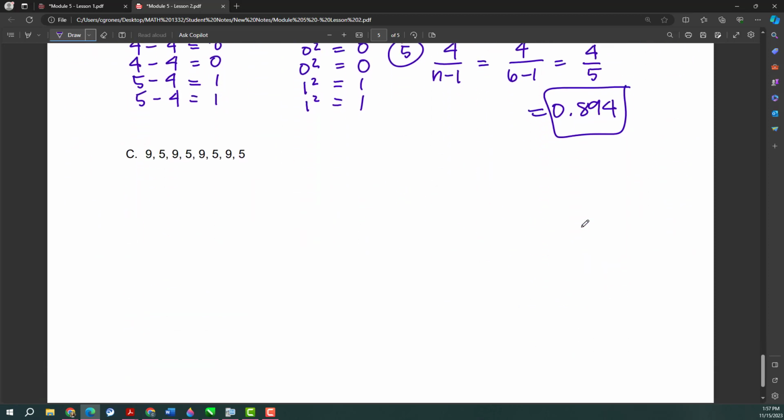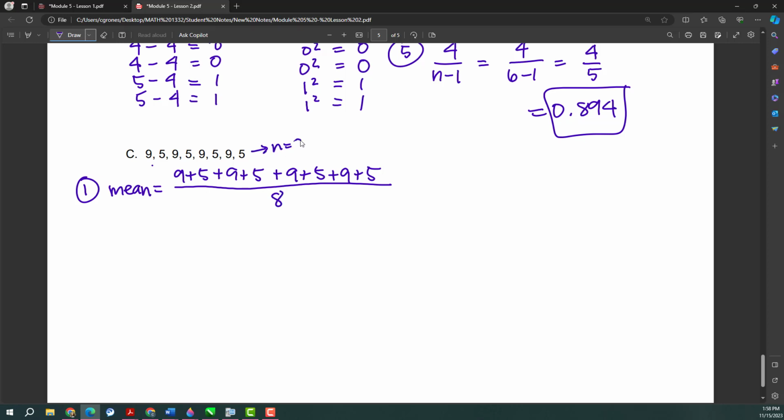Alright, and then our last one, we have 9, 5, 9, 5, 9, 5, 9, 5. So step 1, find our mean. 9 and 5 are each repeated 4 times, so we've got 1, 2, 3, 4, 5, 6, 7, 8.